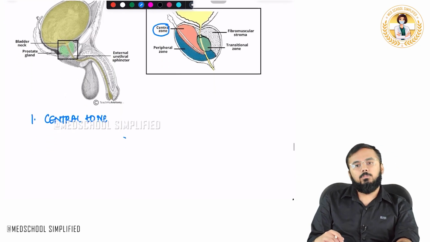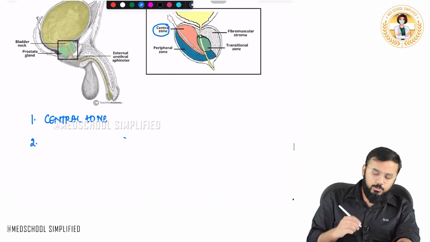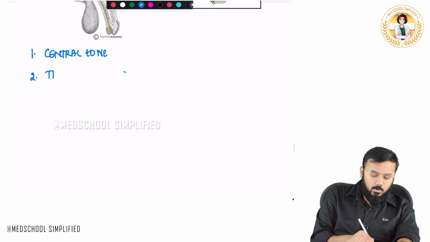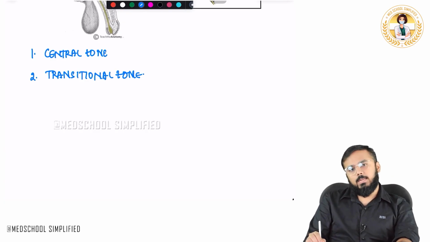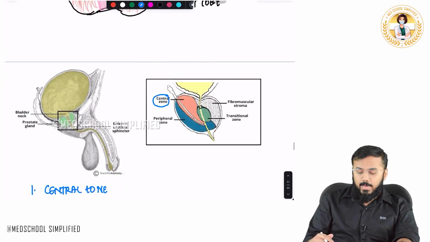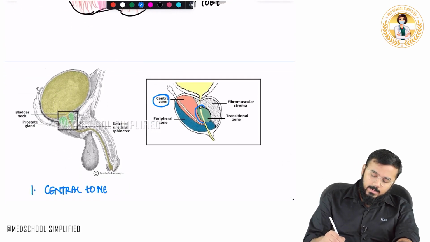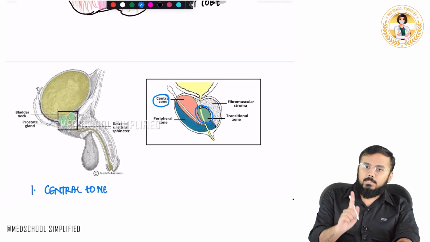Next, after the central zone, the second important zone is called the transitional zone. Where is it located? The transitional zone is located exactly in the center and surrounds the urethra.